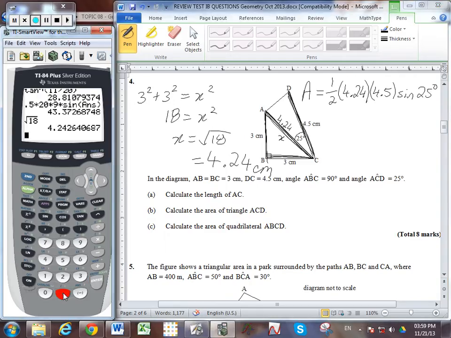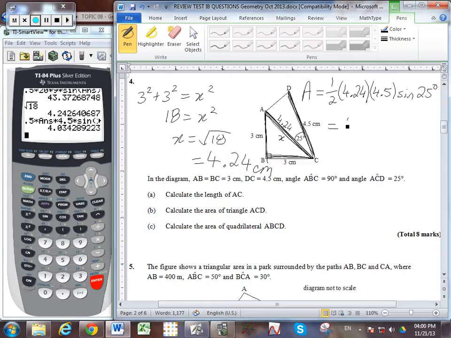So then we've got 0.5 times, and instead of writing 4.24, I'm actually going to bring up the entire decimal that I had previously, because that's an even more accurate version of the side's length, times 4.5 times the sine of 25 degrees. And our area then, when we round to three significant figures, is 4.03. That's going to be in centimeters squared.